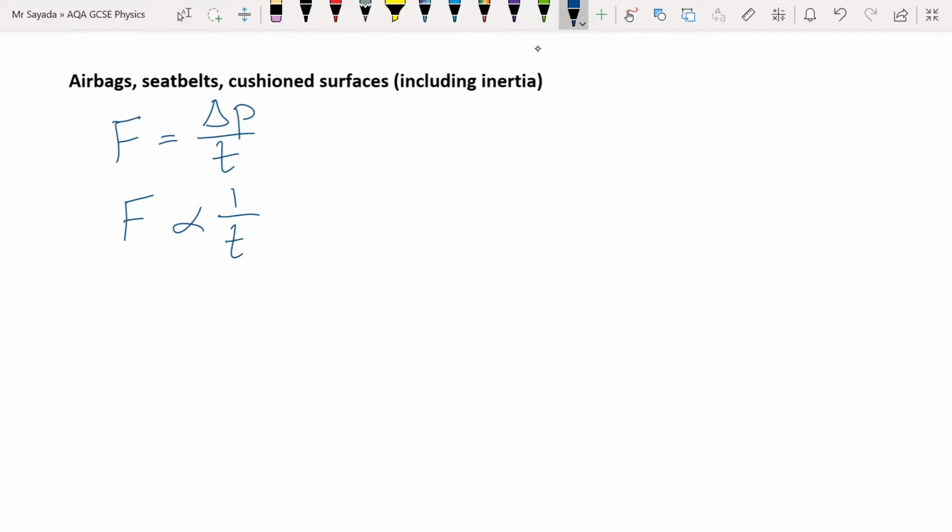Let's say you have an object, and that object is going to experience a change of momentum of 1,000 kilogram meters per second. So let's say, for example, a car crashes into a wall, and suddenly there is a change of momentum of 1,000 kilogram meters per second. Let's say that change of momentum happens over 2 seconds. What will the resultant force be? Work it out. Say your answer to the video.